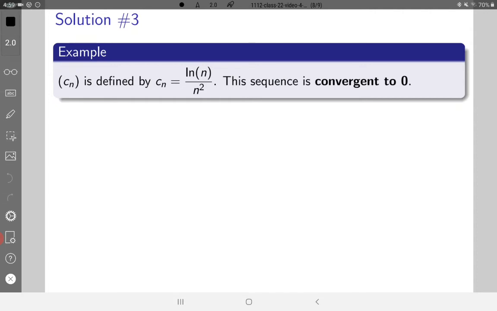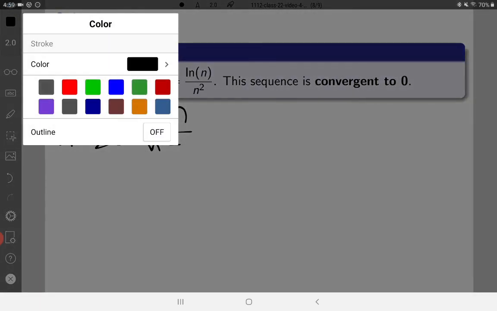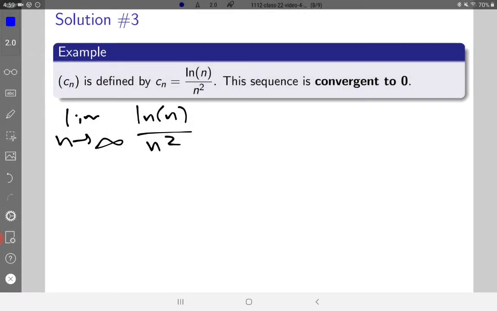Here's an example where I actually definitely need L'Hopital's rule. I don't see any better way of doing this. We're asking for what's the limit as n goes to infinity of log of n, natural log, divided by n squared. Well, individually, those two pieces, the top and the bottom, are both going to infinity.